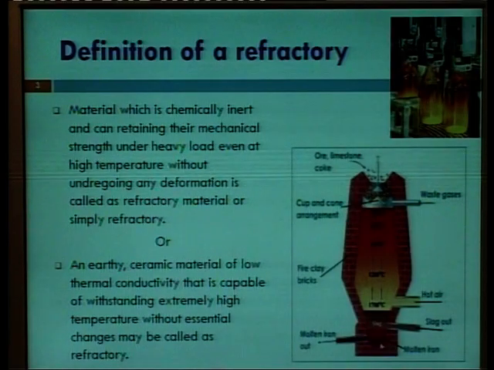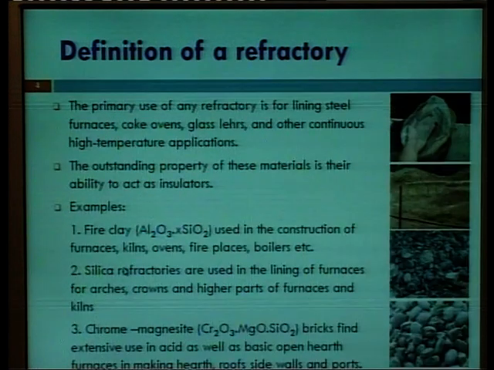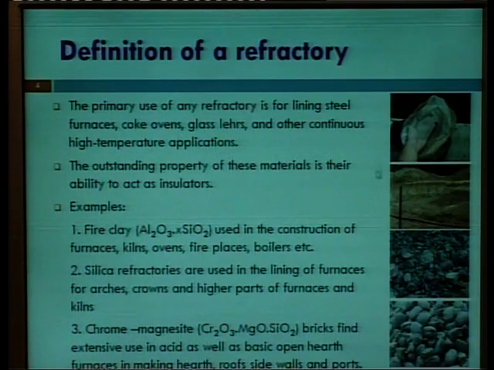I have taken this as one example, even glass, ceramics, etc., they are produced from the earthy materials. So, the primary use of any refractory is for lining steel furnaces, coke ovens, glass lens and other continuous high temperature applications.